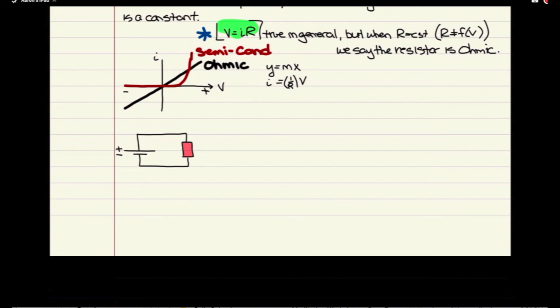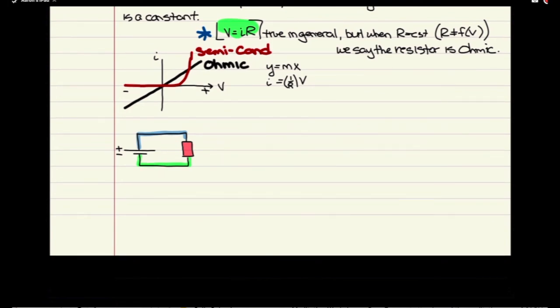We talked before about how this blue line is an equipotential surface, and this green line is also an equipotential surface, so that the delta V across the battery must be the same as the delta V across the resistor. So if there's a 9-volt battery, there's a change of potential of 9 volts as you go through the battery, and then there must also be a change of 9 volts as you go through the resistor.